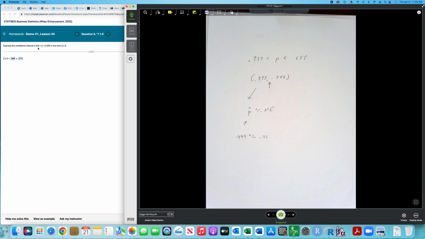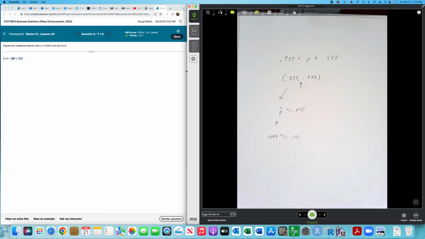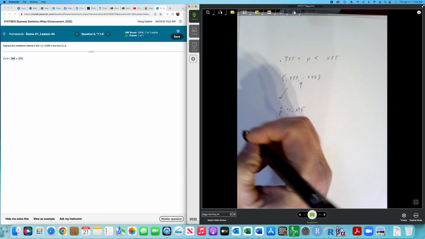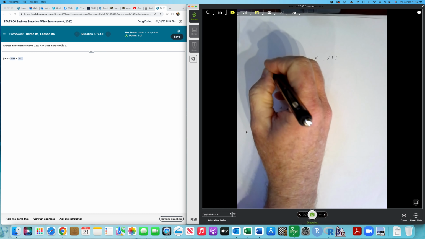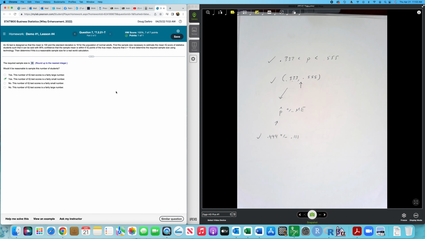So that's really all that's going on there. It's a very simple question, but it emphasizes that confidence intervals can be expressed in different ways. At least that was the motivation for me putting this problem on your demo and on your assignment. At least I'm sticking with it.